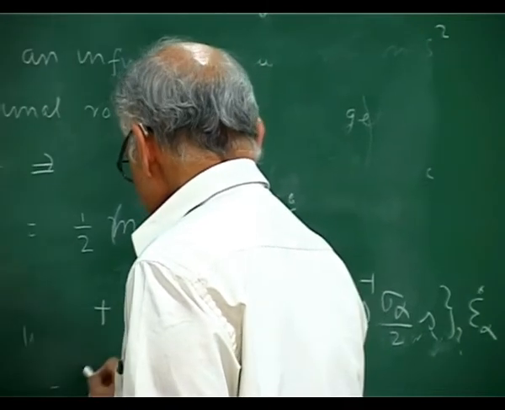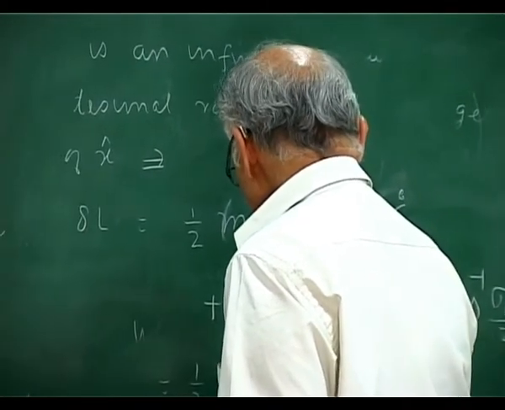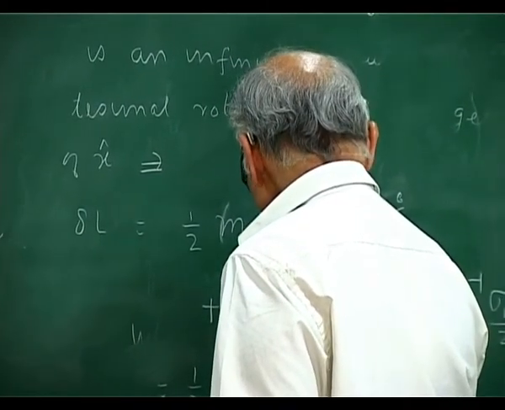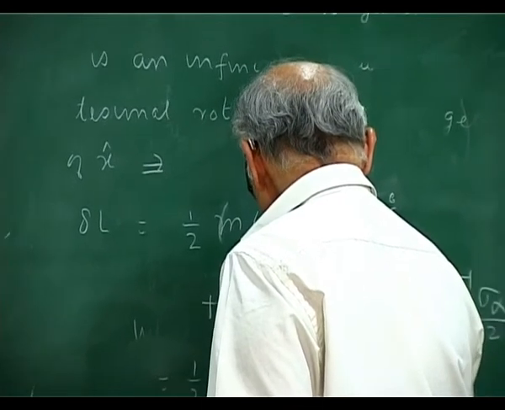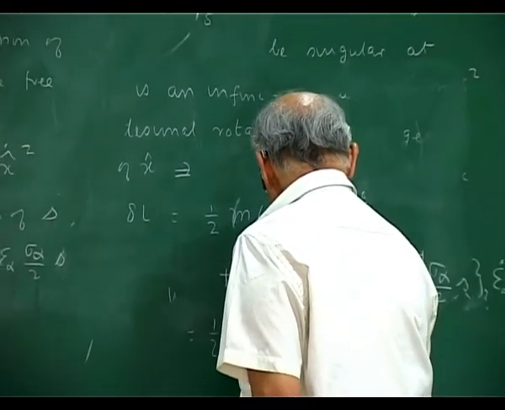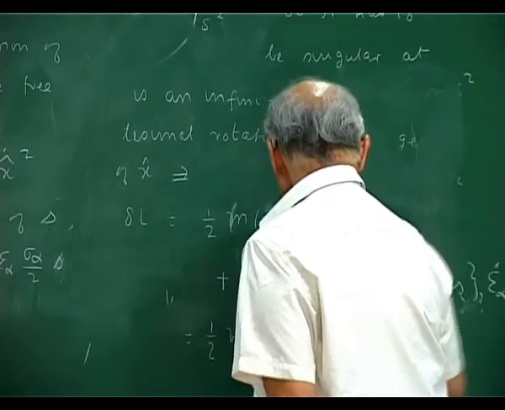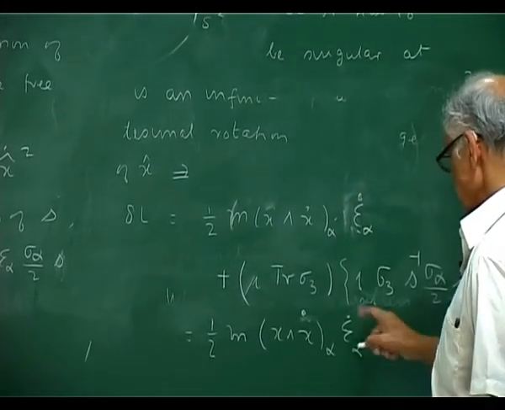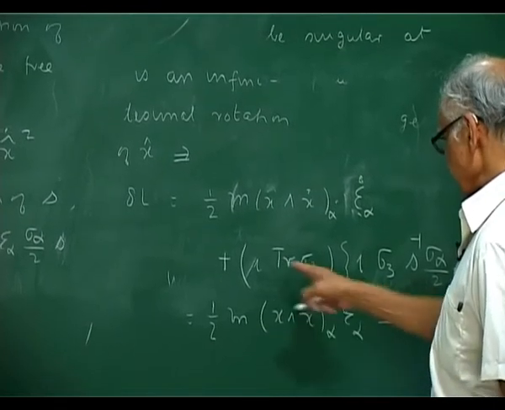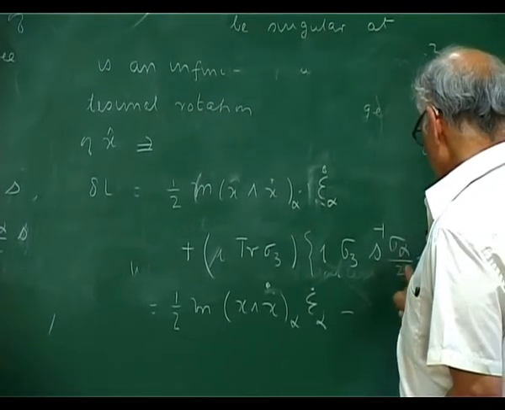So this is 1/2 m x cross x dot alpha epsilon alpha dot, minus i squared is minus.